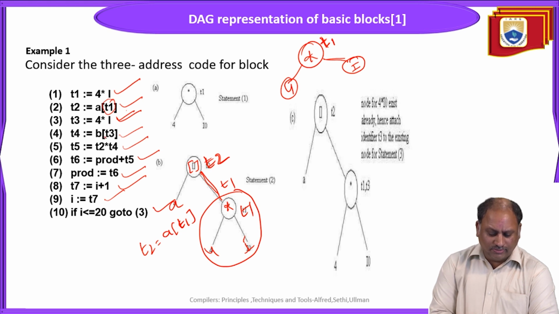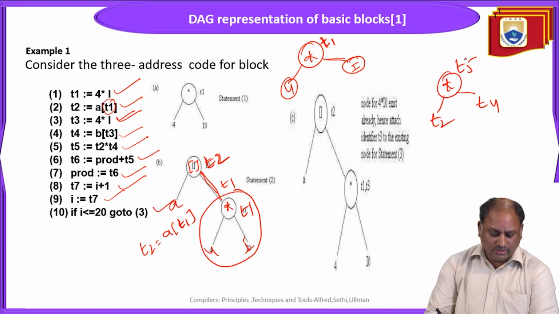Now T4 equal to B of T3, which is the same computation as this one. Then T5 equal to T2 star T4, where the star is performed with T2 on the left side and T4 on the right side, which leads to T5.